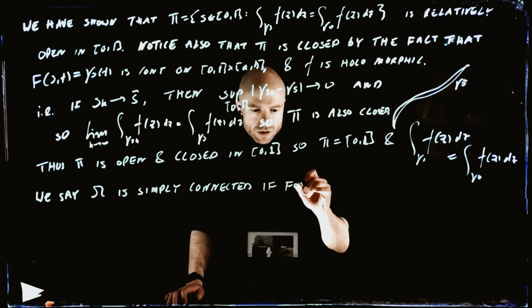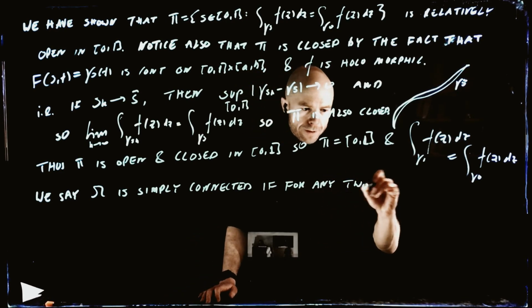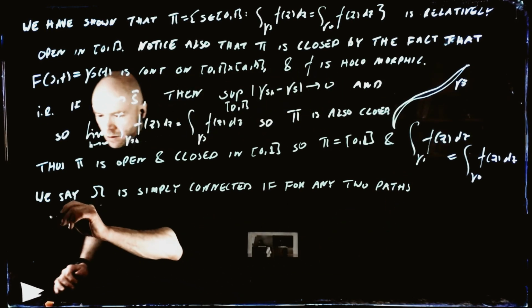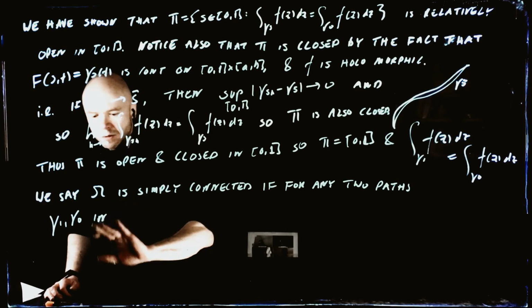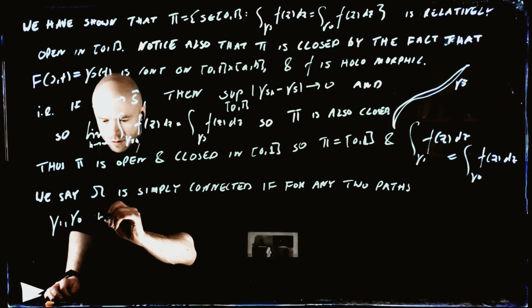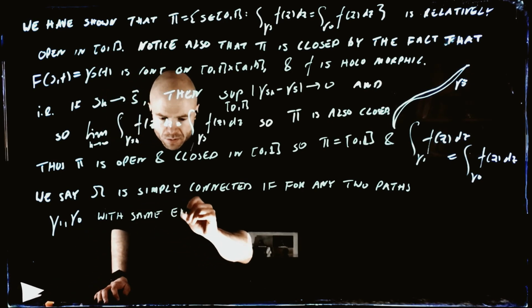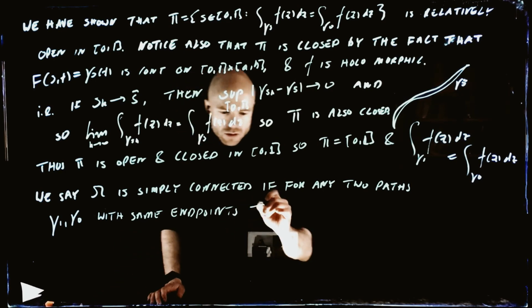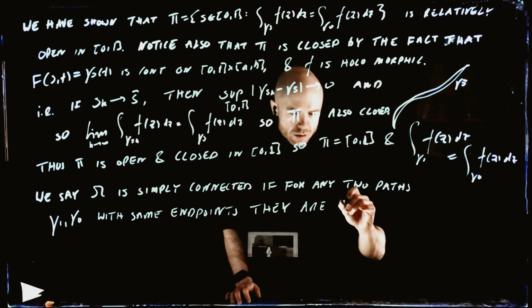if for any two paths gamma 1, gamma 0 in omega with the same endpoints, of course, they are homotopic.